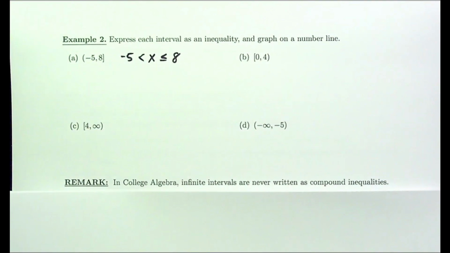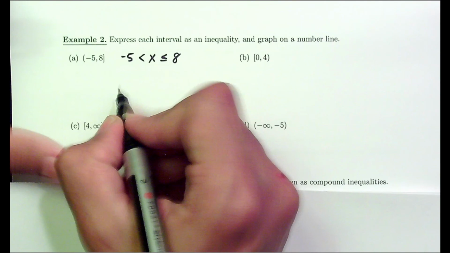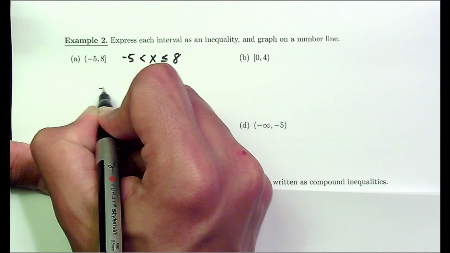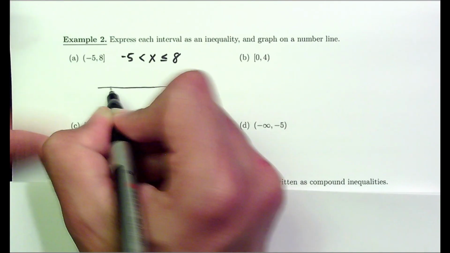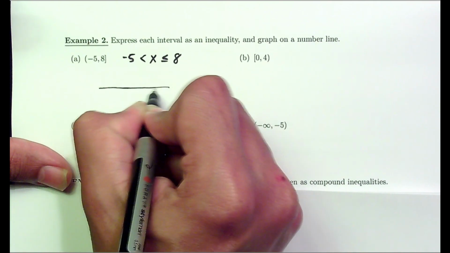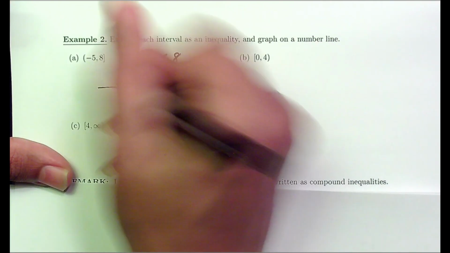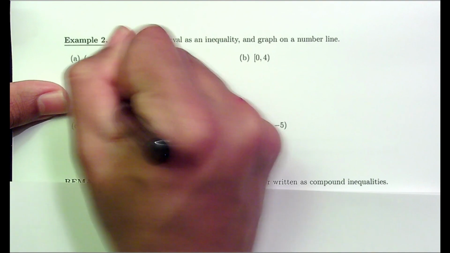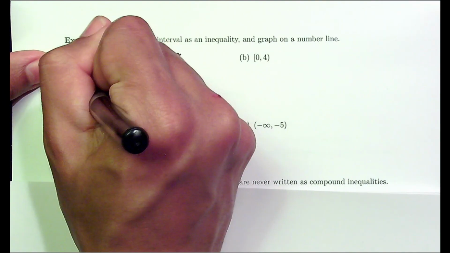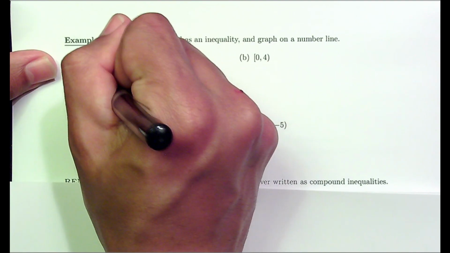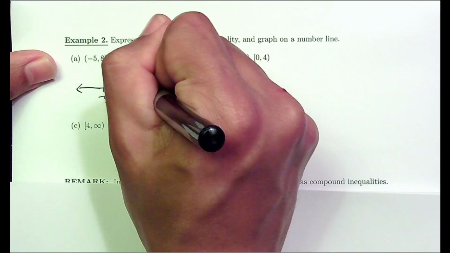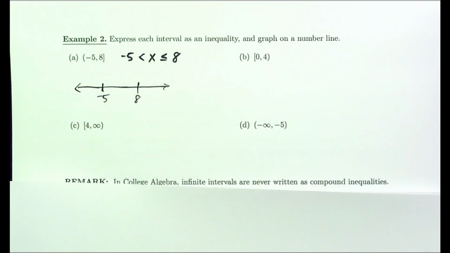And the picture, we should draw the picture. Okay, so I'm going to draw a tick mark for -5 and a tick mark for 8. And remember, don't draw any more tick marks for any other numbers except the numbers in your interval or inequality.